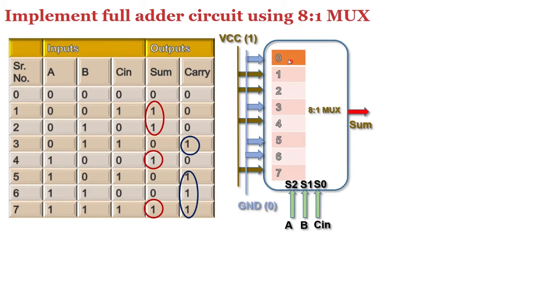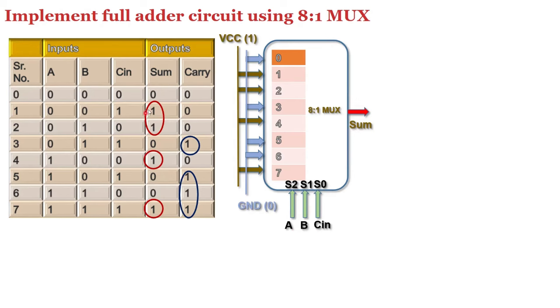You have 8 data input lines from 0 to 7. You have 3 select lines from S2 to S0, S2 being the most significant bit, and one signal output, that is the sum. And we map the three inputs of the full adder A, B, C into the select lines of this multiplexer.